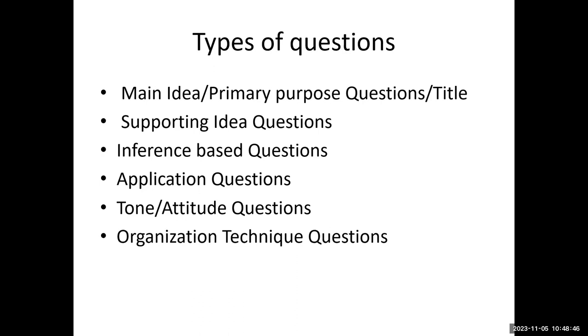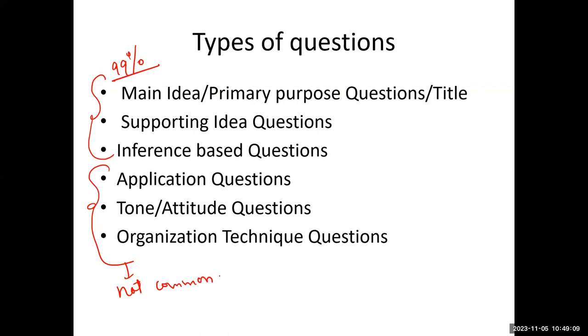Now, the good news is that the majority of the questions, 99% of the questions, are going to be from the first 3 categories. The remaining 3 are not common.